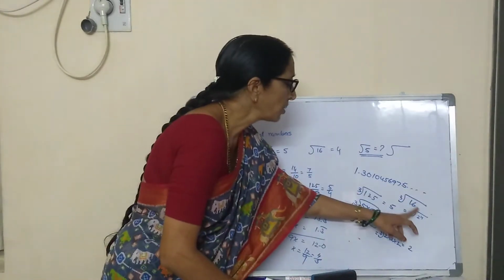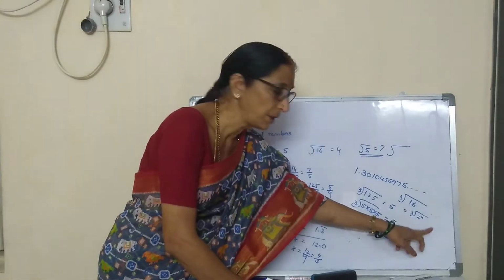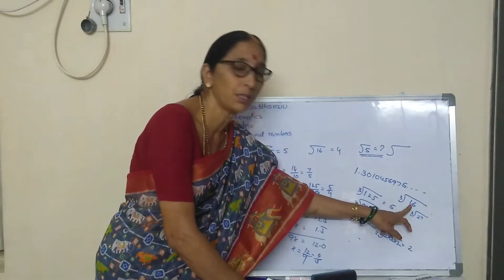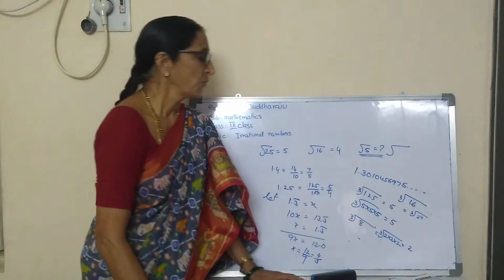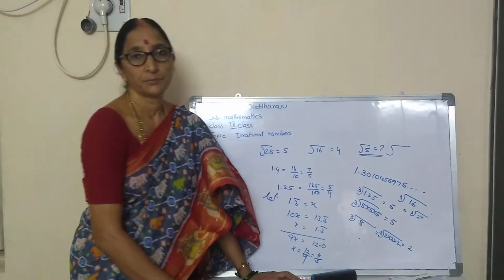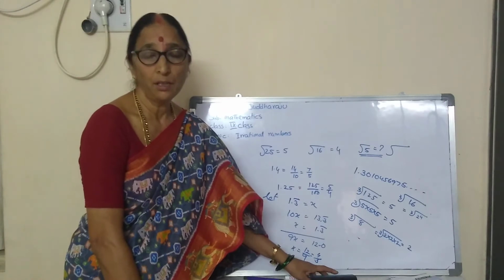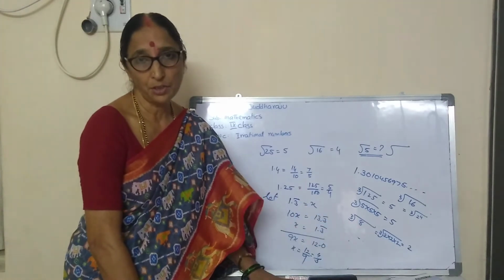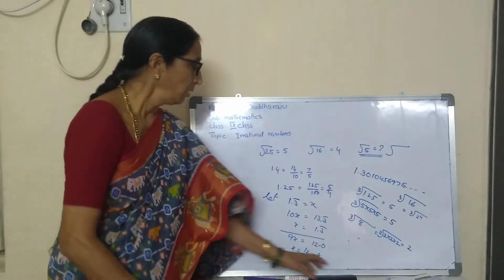We can write 16 as a product of 4 equal factors, but we cannot write 16 as a product of 3 equal factors. So it is not a rational number. If a real number is not a rational number, then it is an irrational number.